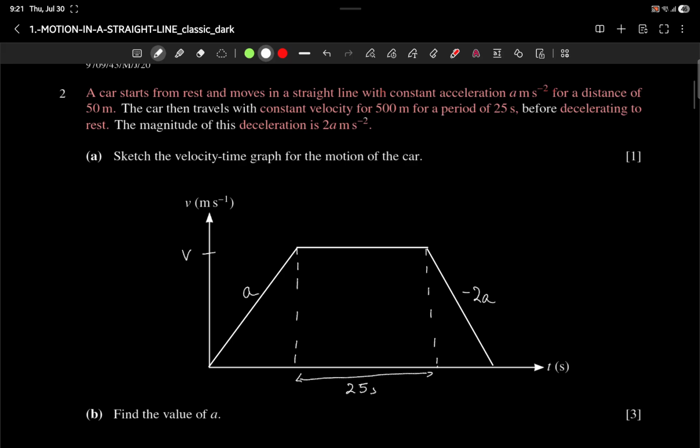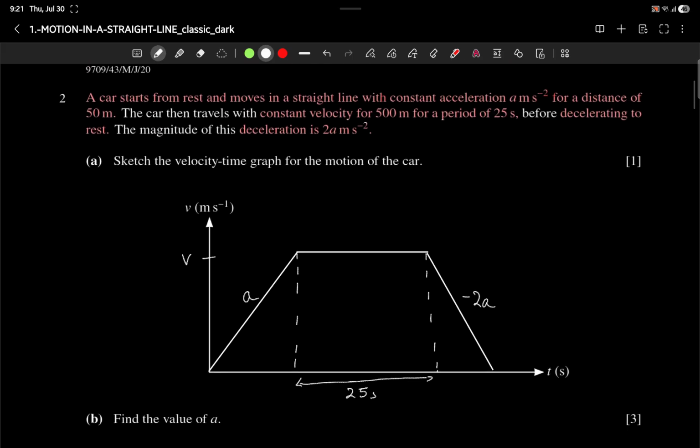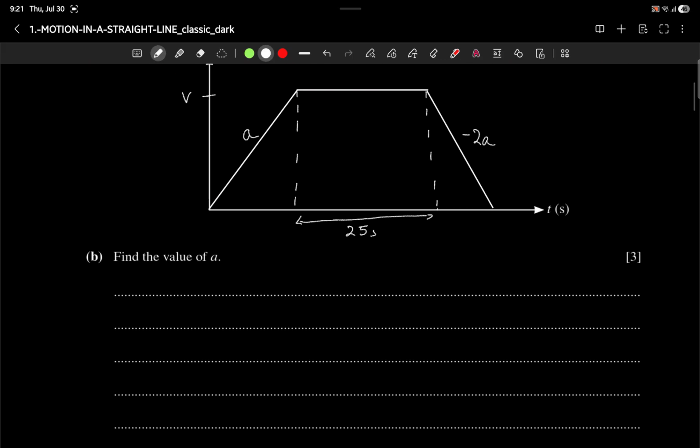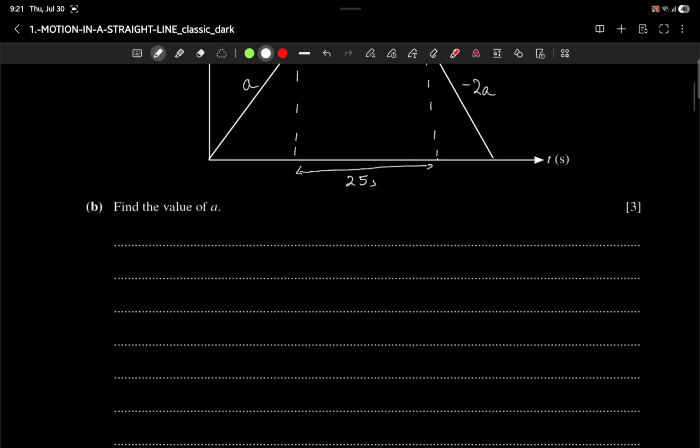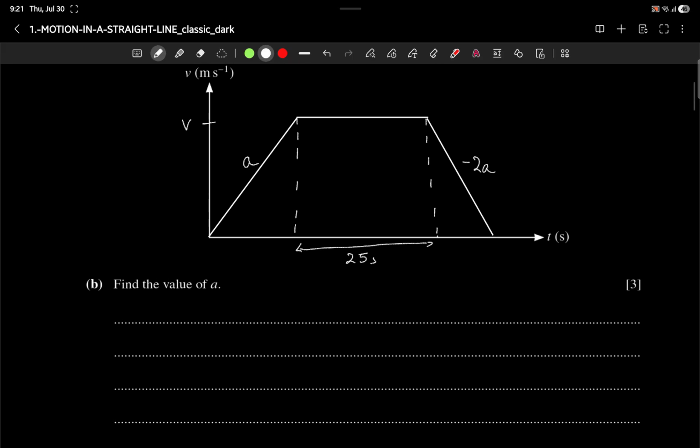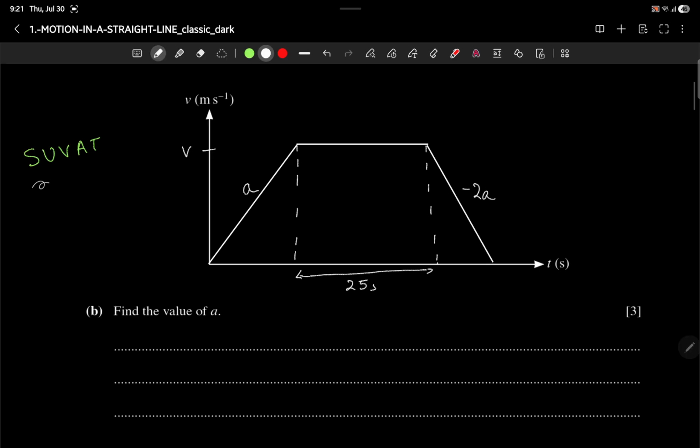Alright, so we know the distance traveled here. There are two ways we can do this actually. We can use suvat. So what is suvat? Suvat is a list of formulas that you will have in your MF19. First is s equals ut plus half at squared. Then v squared equals u squared plus twice as.